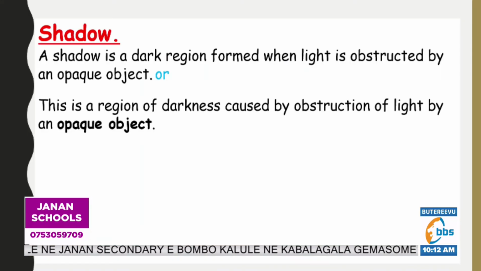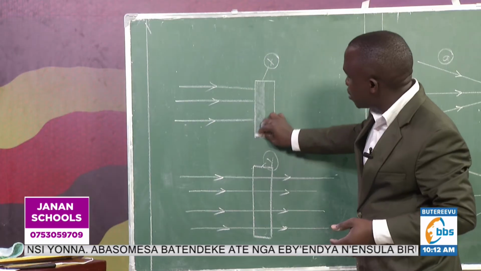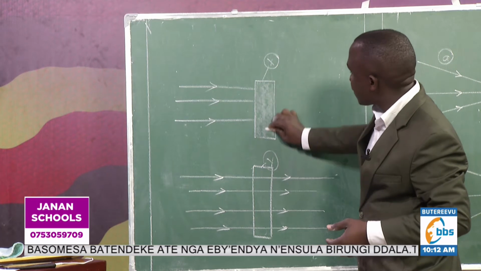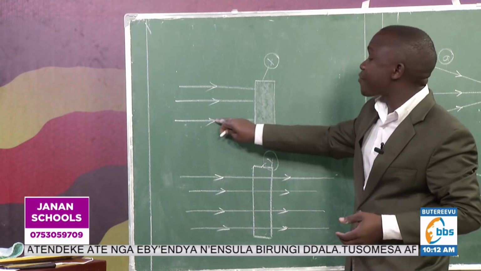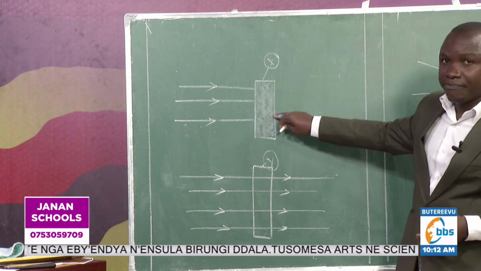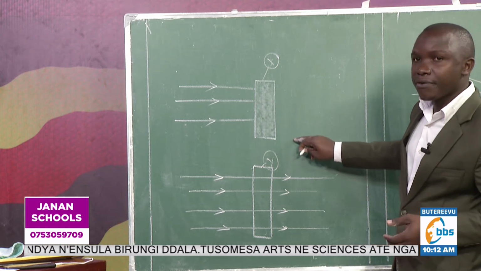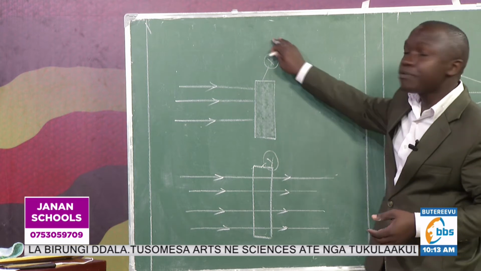Now, when you're asked to define a shadow: a shadow is a dark region formed when light is obstructed by an opaque object. For instance, if you look at this opaque object, when light rays are blocked, then a shadow will be formed here, depending on the position of the light.